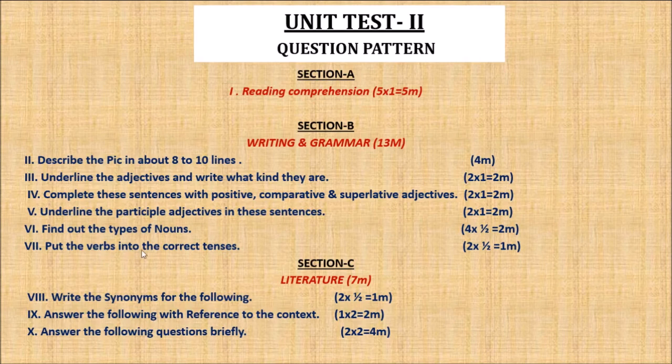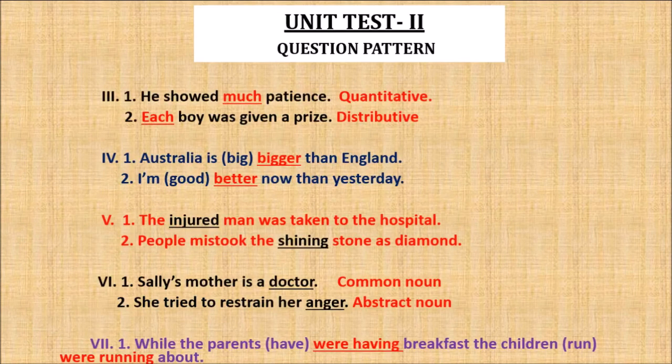Next, Roman: put the verbs into correct tenses. Two questions will be asked. Each question carries half mark, and 1 mark for 2 questions. Put the verbs into correct tenses means the verbs will be given in brackets.